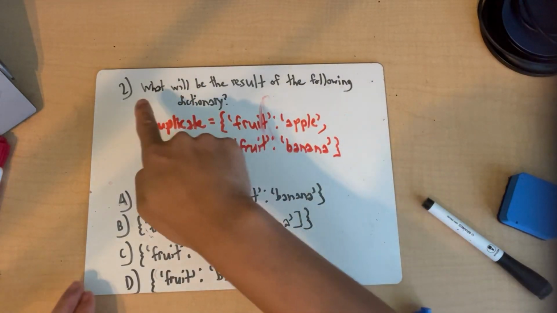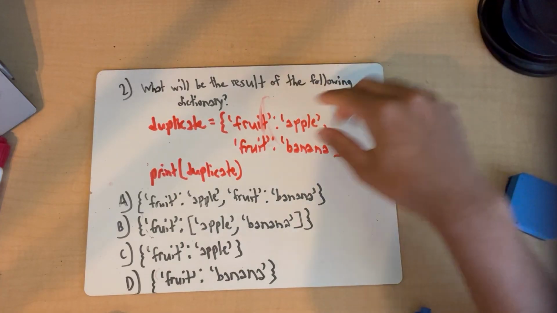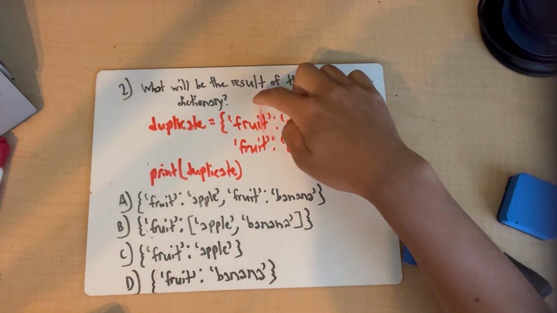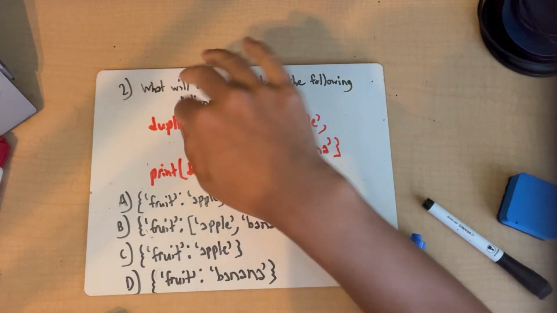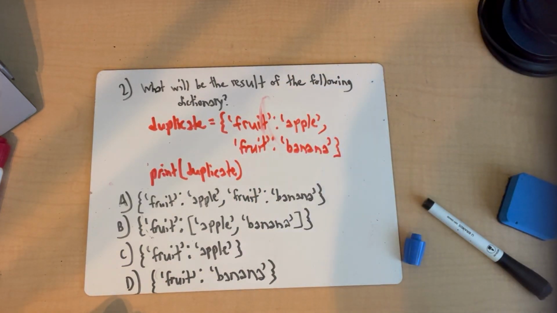Question 2. What will be the result of the following dictionary? So we've got a dictionary called duplicate, and it has 2 key value pairs, fruit and apple, and fruit and banana, and then we're going to print out duplicate. So what will actually be printed?